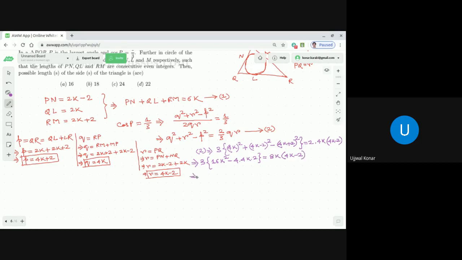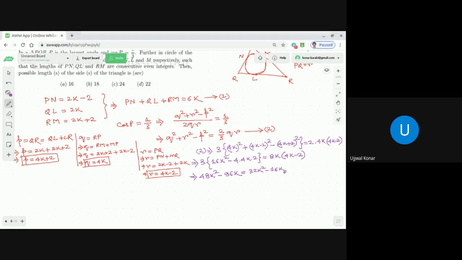This implies what we are going to get, dear students, is 48K square minus 96K is equal to 32K square minus 16K.